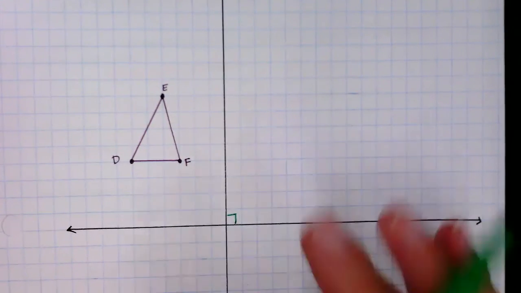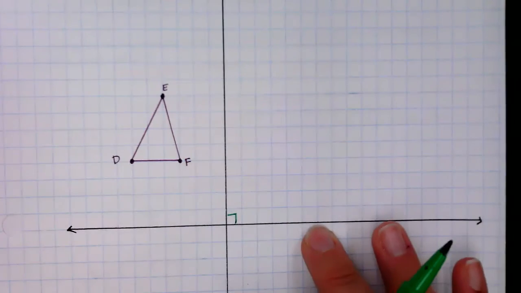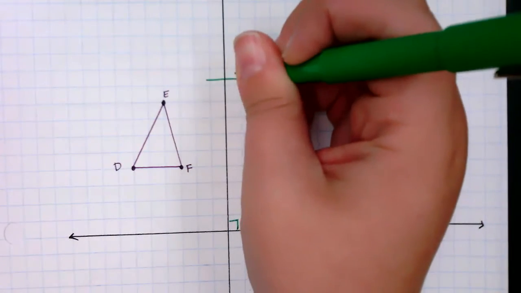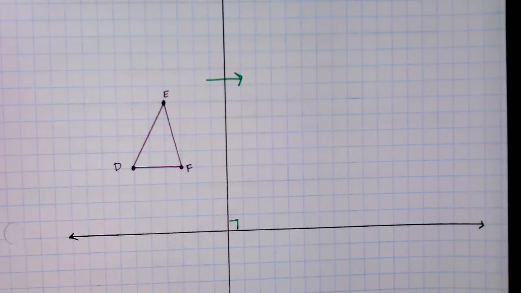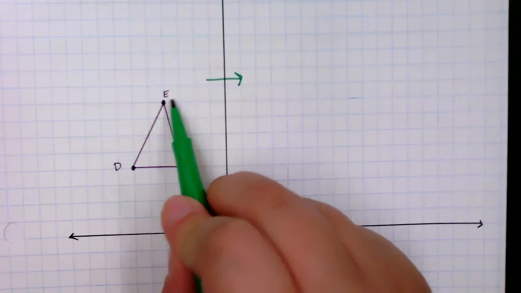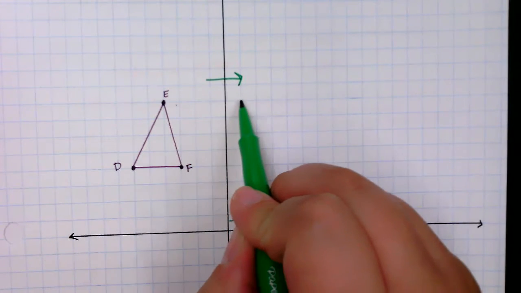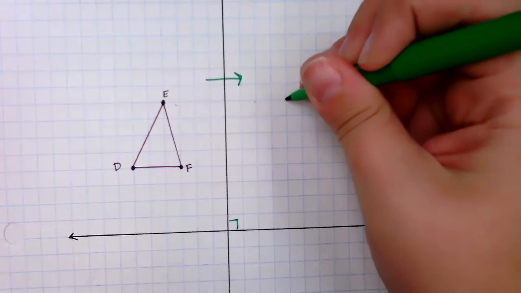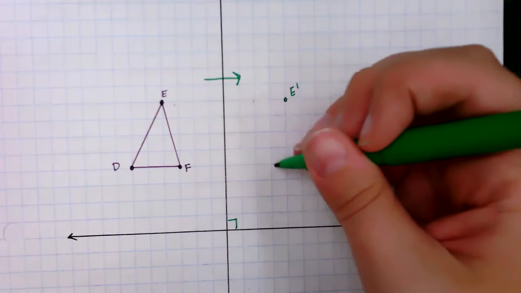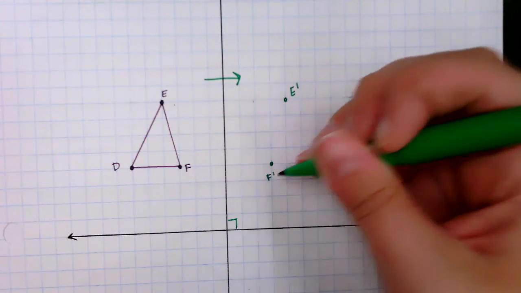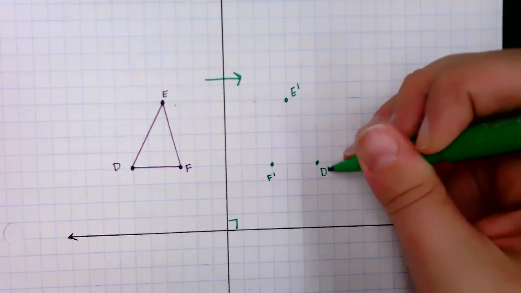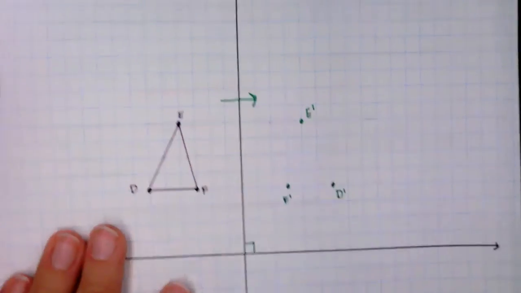So we're going to reflect over both of these lines. I'll start by reflecting over this vertical line. So when I start with this one, again, I'm going to reflect over. I'll find where each point goes. So here's E prime. Here's F prime. And then I would count and find D prime.